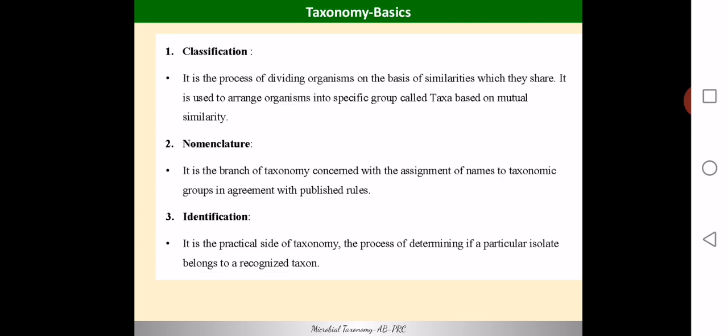That means we will study the organism, observe its characters, and analyze its features. This process is called identification. After this process, you get the data, and this data is used to classify organisms. So classification, nomenclature, and identification are interrelated and very much connected to each other.